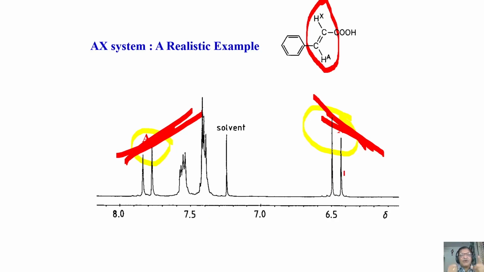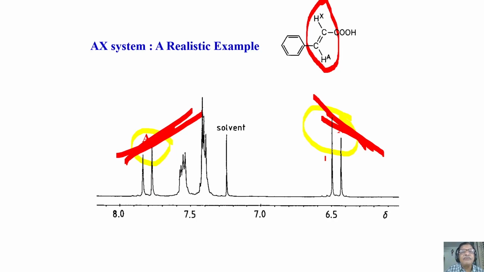Now, the question is, if I have to make it a 100% AX spin system with all equal intensity, what will we do? Without doing anything to the sample, I want to make it an AX spin system. I told you, remember, the chemical shift separation I have to enhance so that the ratio of delta by J becomes much larger than 50.